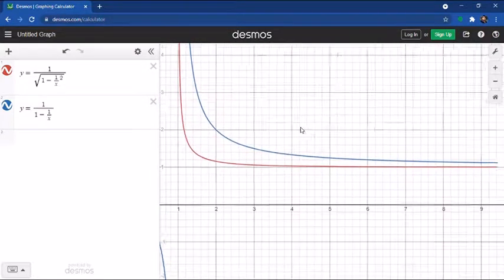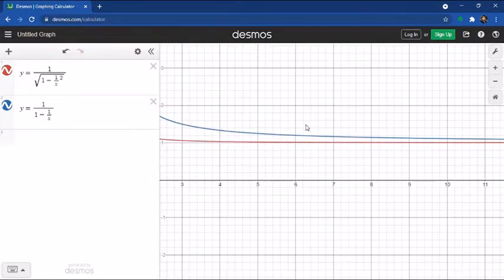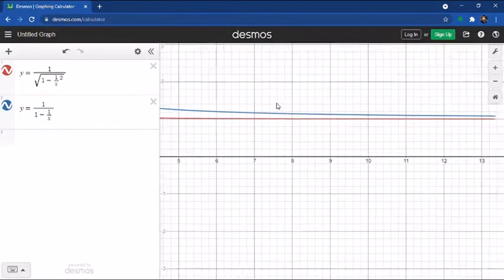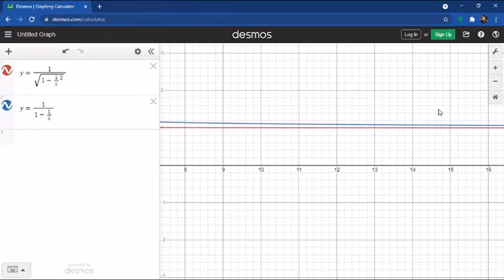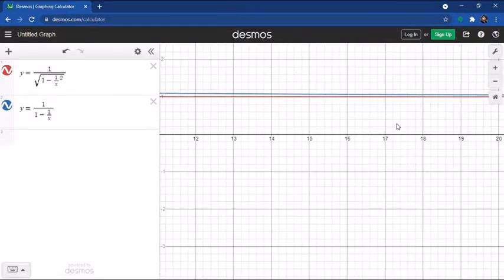And usually the speed of the airplane would be much slower than the speed of light, so the ratio of the airplane to the speed of light would be 1 over a great number, so it will be somewhere in these places, and the results would be pretty much the same.